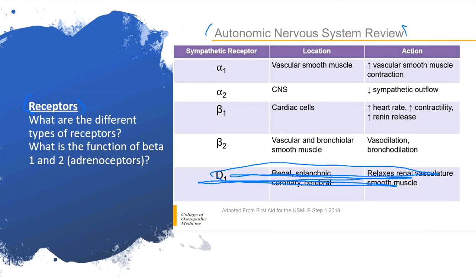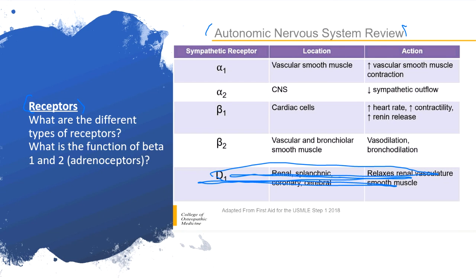Meaning, if there is a fight or flight event going on, well, this is a bad example, but let's say these alpha 2 receptors kick in for some reason, then you won't have that fight or flight response anymore, okay?